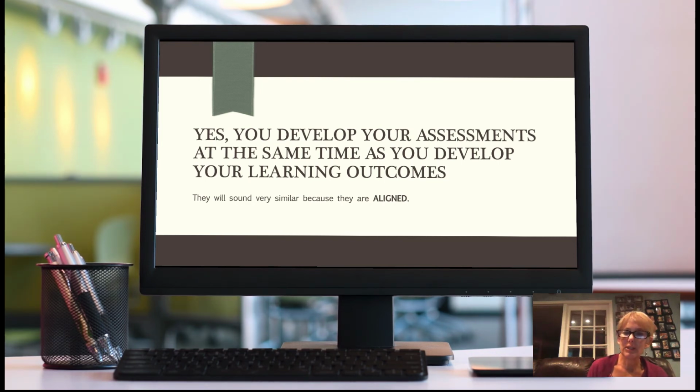When you develop your learning outcomes, you're already thinking about, how am I going to assess this? So sometimes your assessments sound very similar to your learning outcomes, and they are supposed to, because that is a strong indicator of alignment. And I've already talked earlier about how important alignment is, so I'm going to quit harping on that, and we'll end this little conversation about assessment and alignment. I hope you find this helpful.